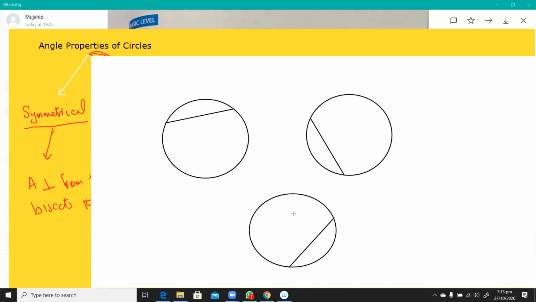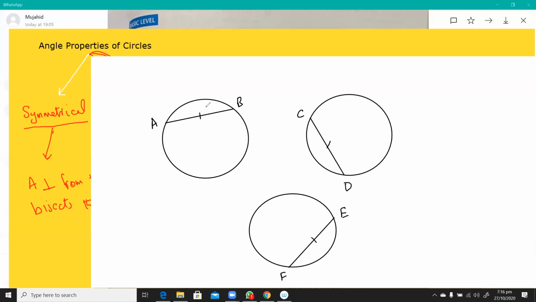Imagine that all these three pizzas are of the same size, and let me name these line segments: this is AB, this is CD, and this is EF. Now suppose these lines are all of the same size, and the circles have the same radii.